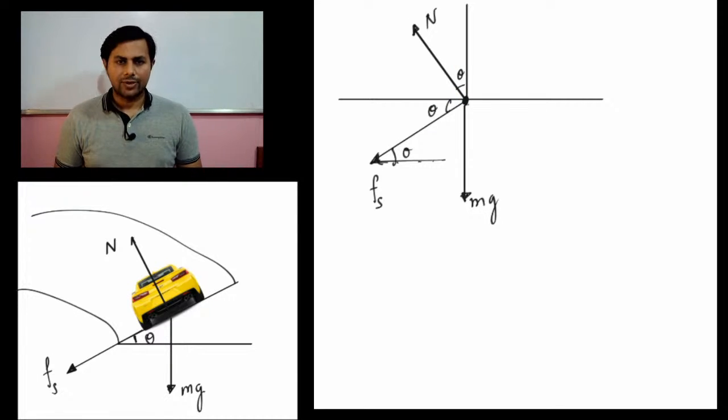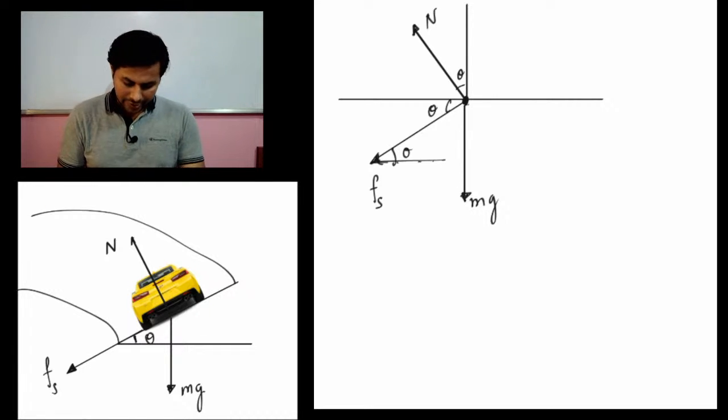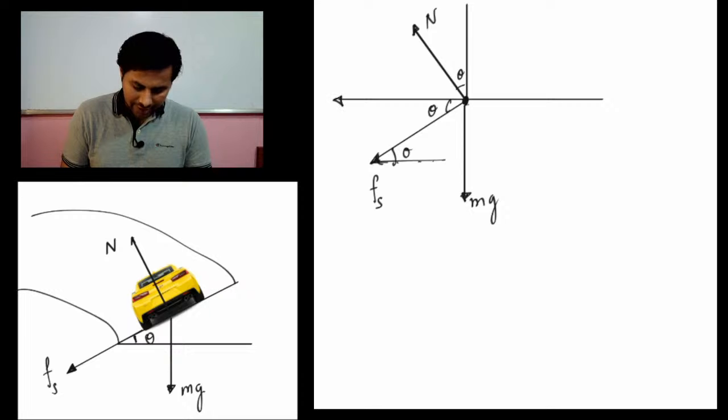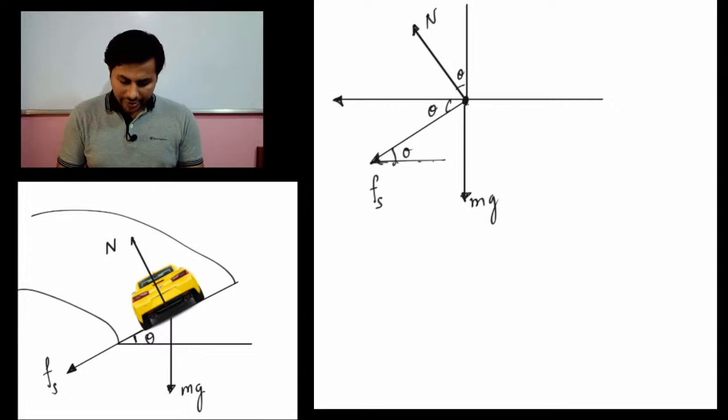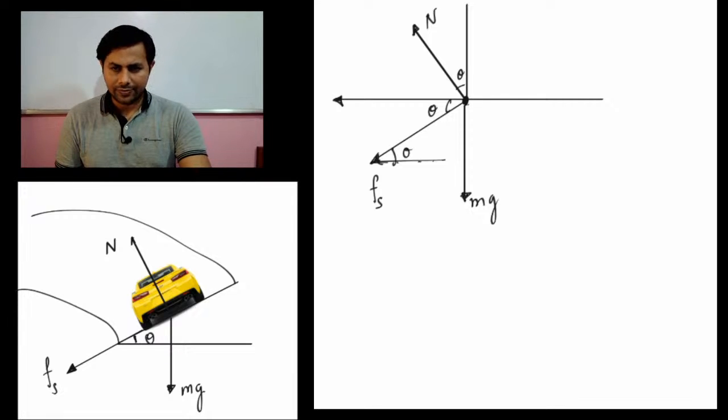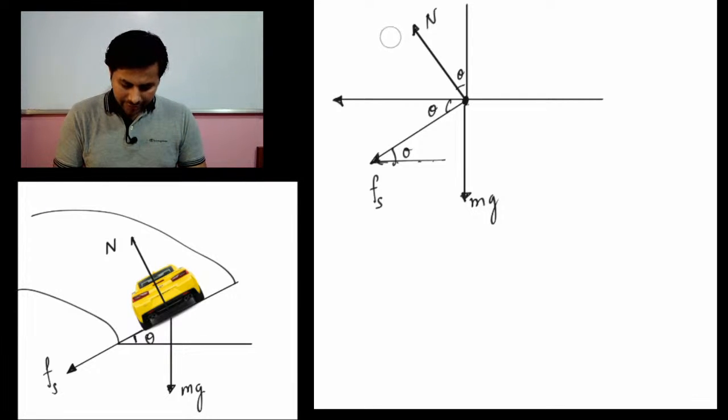Now the center of this circle is directed something like this. So we want the centripetal force in this direction, which will be provided by the resultant of these forces. Now let's resolve N, the normal reaction, and the frictional force along two perpendicular components.